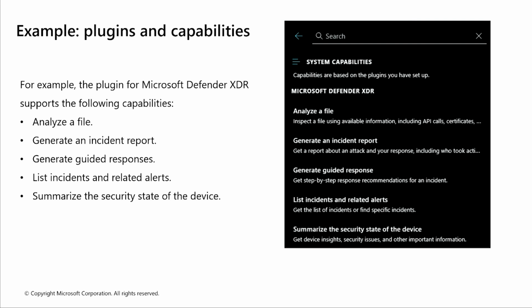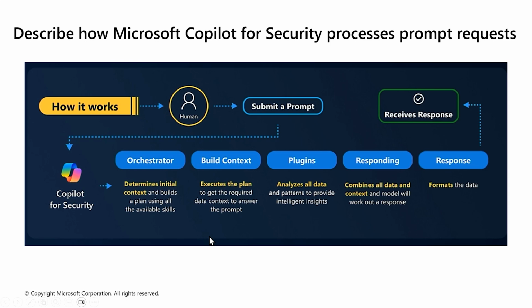In addition, we can extend this capability with third-party connections as well. But all of it goes back to fundamentally how we interface with Copilot for Security. And that means we need to understand how Copilot for Security processes our prompts.